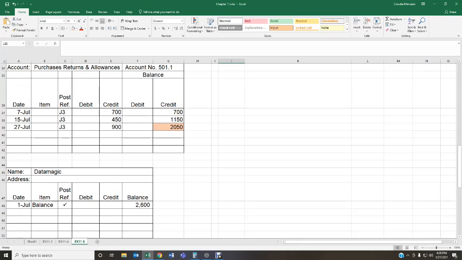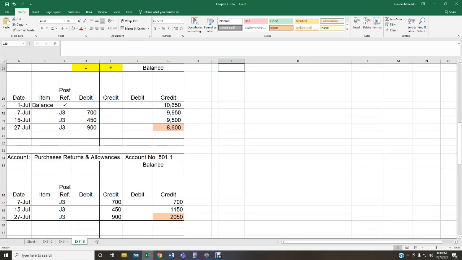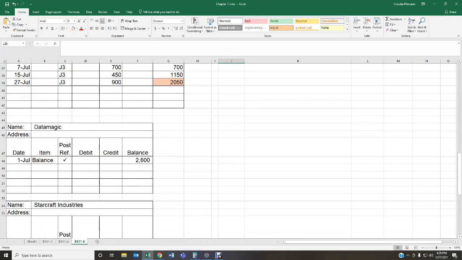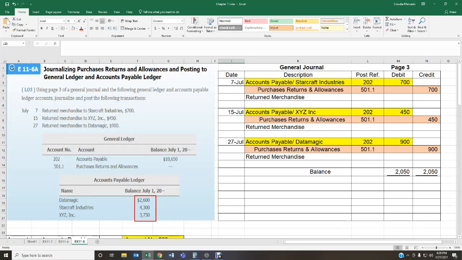Okay, so now we have to go back and we are only going to focus on the transactions for accounts payable. Okay, so let's start with the first company that we have. It's Data Magic. So let's look for anything for Data Magic, and here we go.